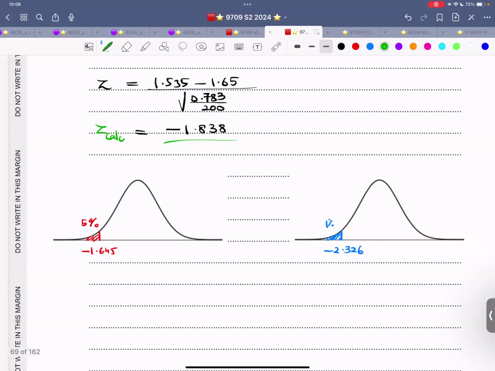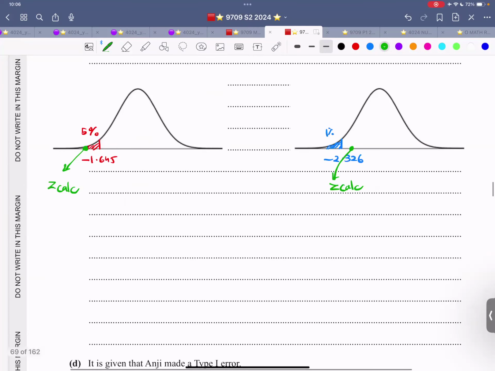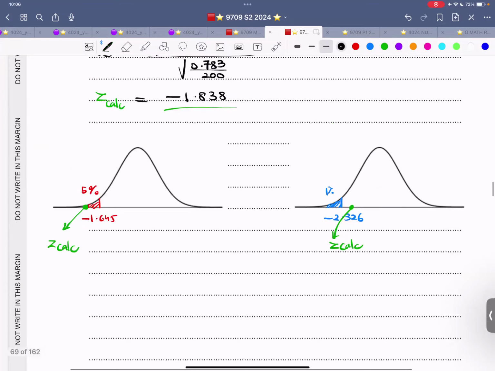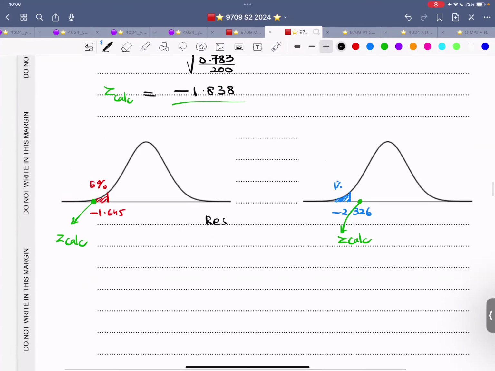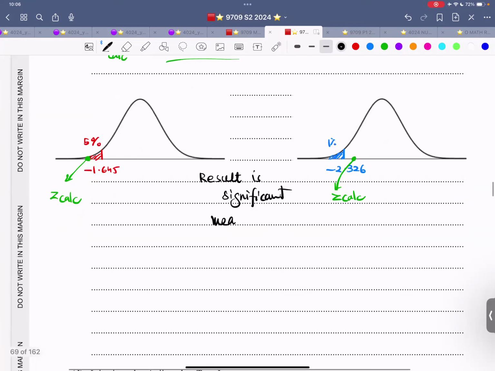So here, the Z calculated value is inside the critical region. And over here, the Z calculated value is outside of the critical region. So when it says the result is significant, what does that mean? Result is significant means H naught is rejected in favor of H1.